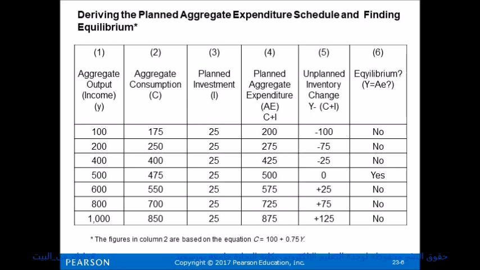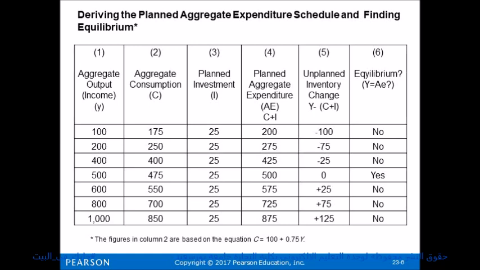Also, at a level of income of 200, we have a value for consumption, which is 250, to be added to 25. Both sum up to 275.